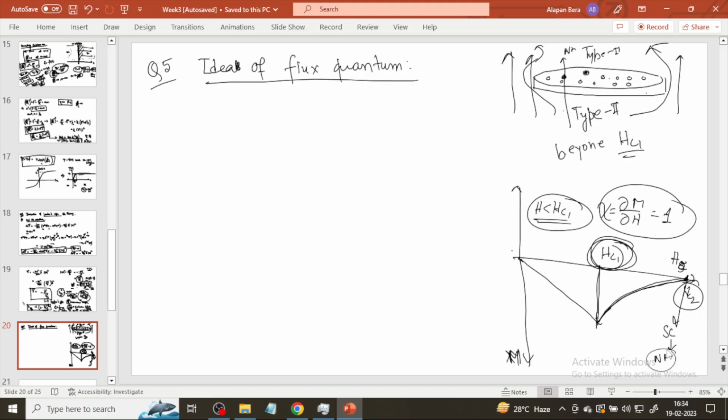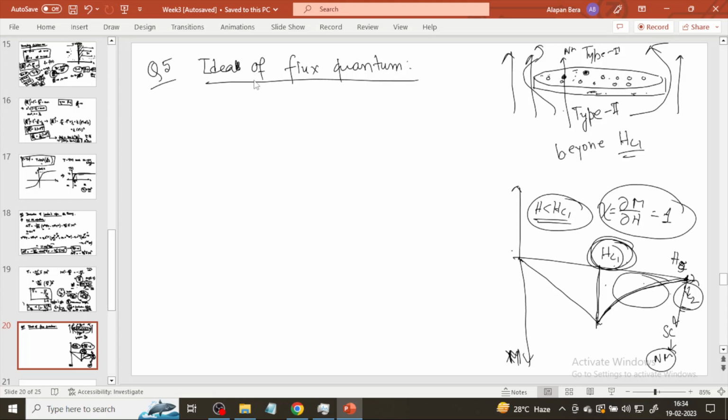All over the superconductor the vortices are generated, and that is why it becomes a normal metal at HC2. But in the region beyond HC1 but below HC2, the outside is superconductor, but inside there are some vortices generated.